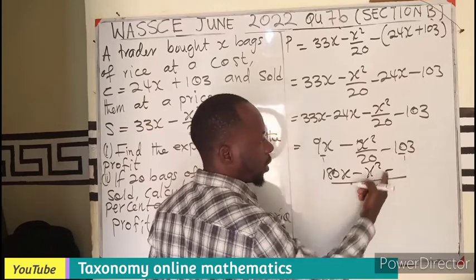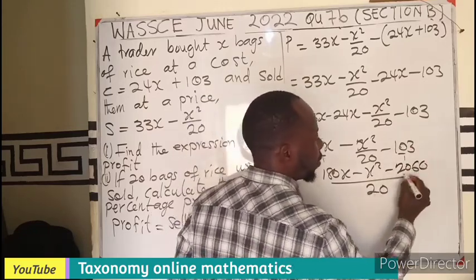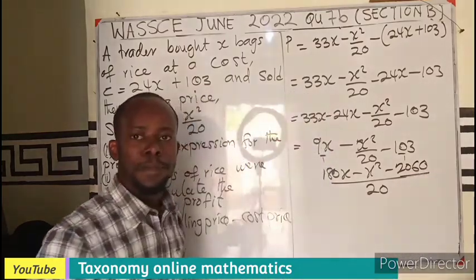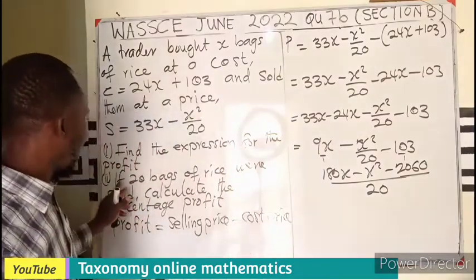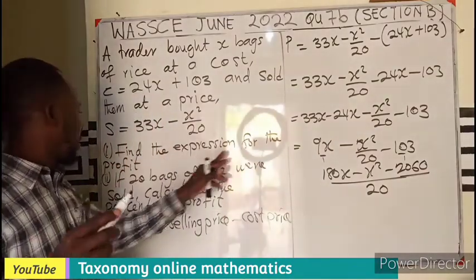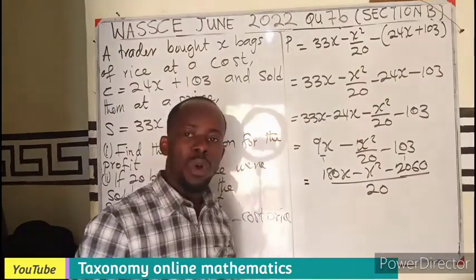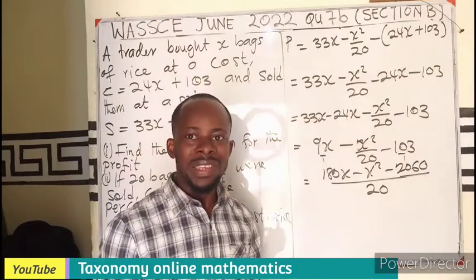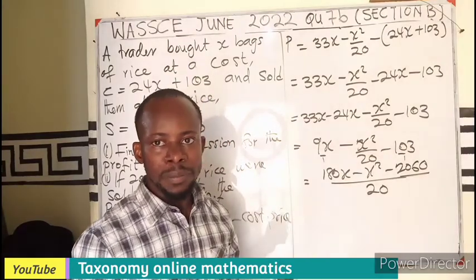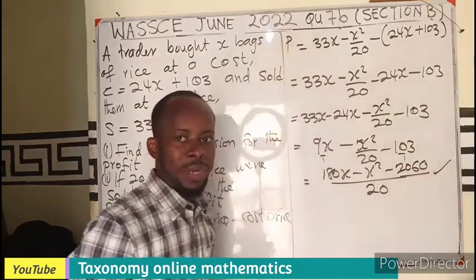Then 103 times 20 will be 2060. So this is what we are going to get. So the expression for the profit, the Roman number 1 as we are asked, is just 180x minus x squared minus 2060, divided by 20. So this will go for the Roman number 1.